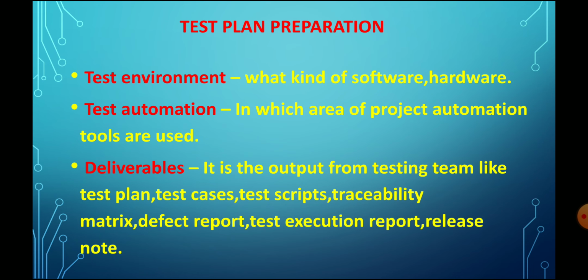What kind of software or hardware can be used here. Next, test automation. In which areas of the project automation tools are used. Next, deliverables. It is the output from the testing team, like test plan, test cases, test scripts, traceability matrix, defect report, defect execution report, release note, etc.